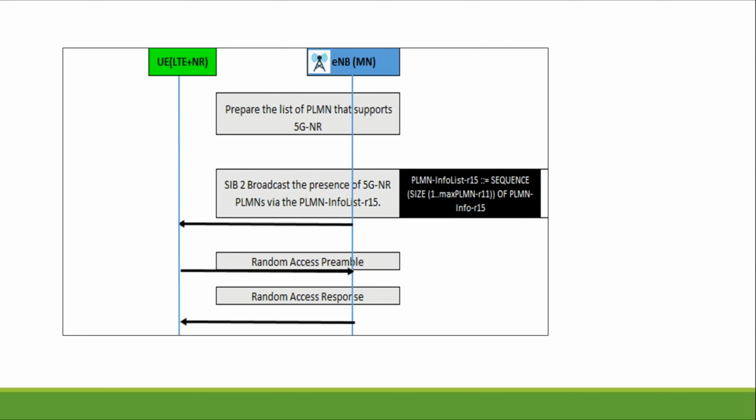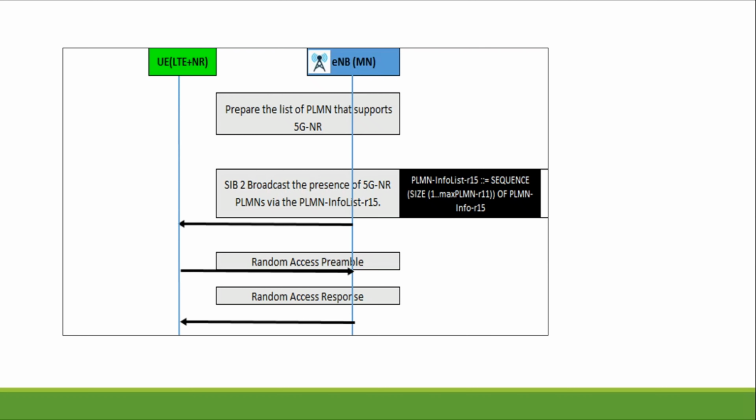For the first message, the random access preamble, the UE will pick a random preamble, having the ID, that is RAPID, the random access preamble ID, and each preamble transmission is associated with the RA-RNTI. So this first random access preamble goes, and now there will be a response as a random access response.